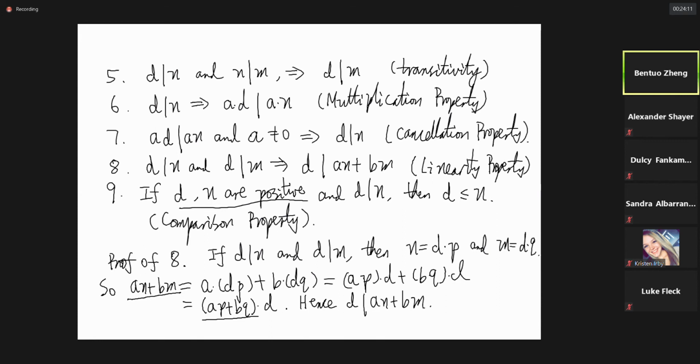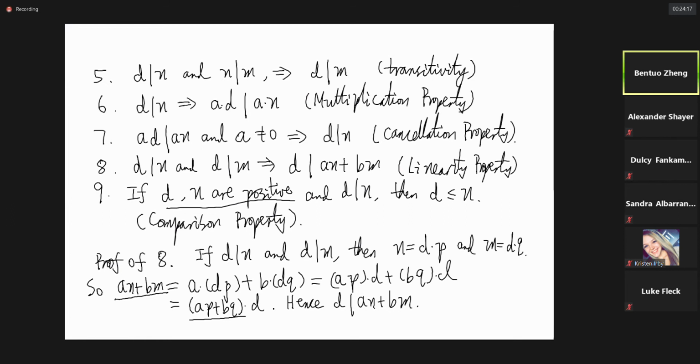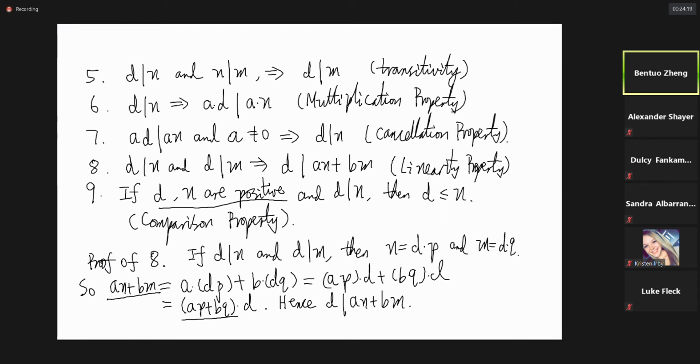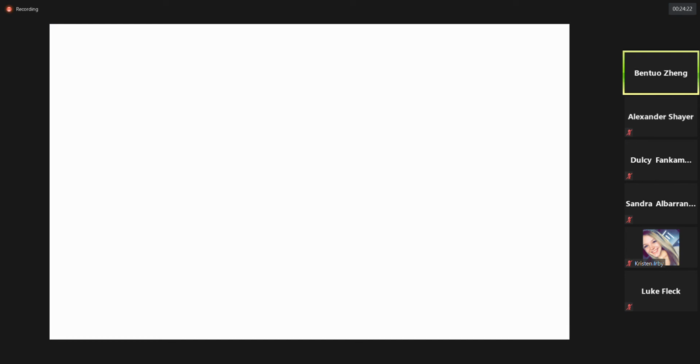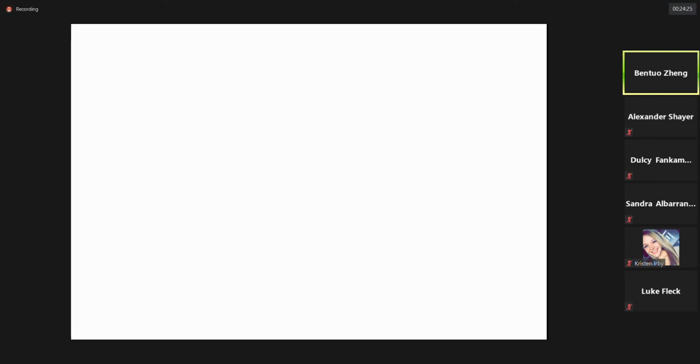All right. Next, we prove number 9, the comparison property. That is, for positive integers, if d divides n, then d is less than or equal to n. So proof of 9. Let this be the hypothesis. Let d and n be greater than or equal to 0, and d divides n.